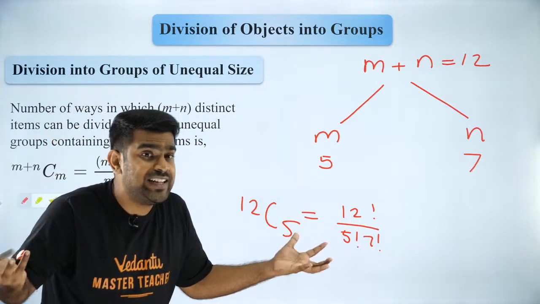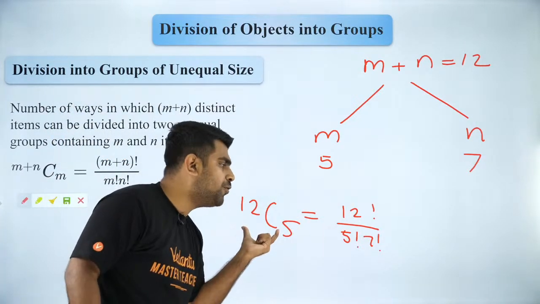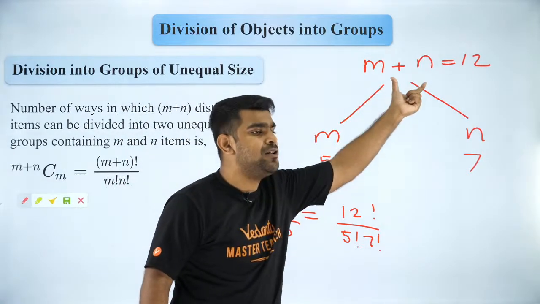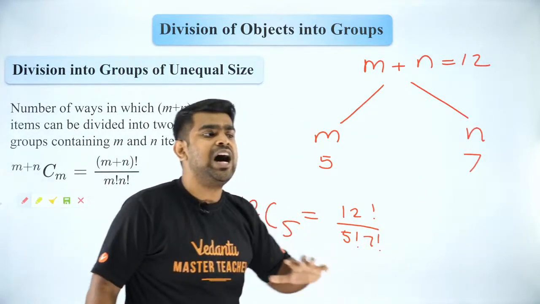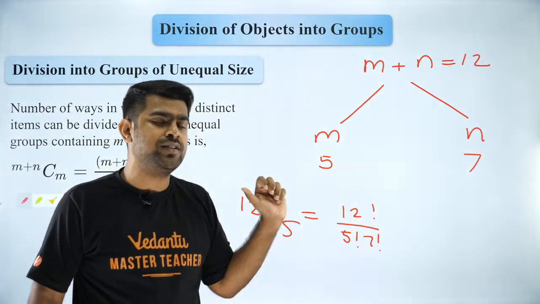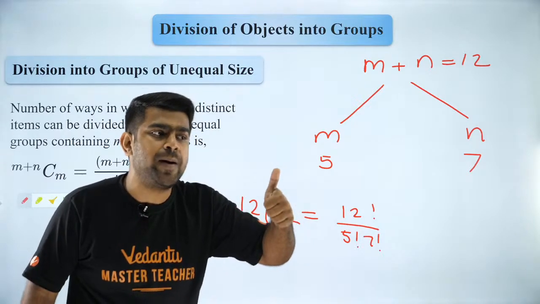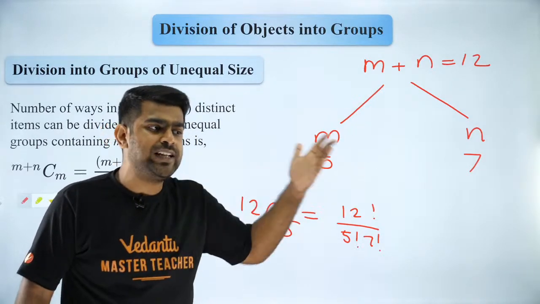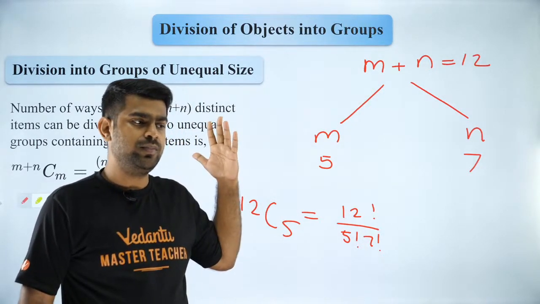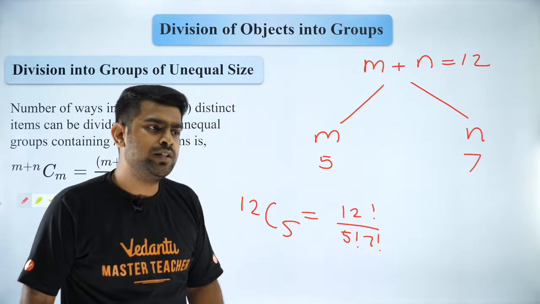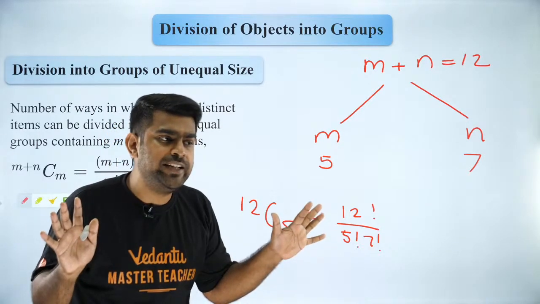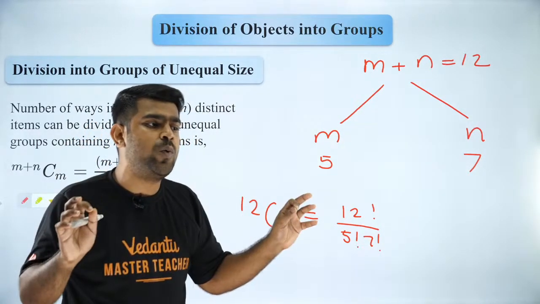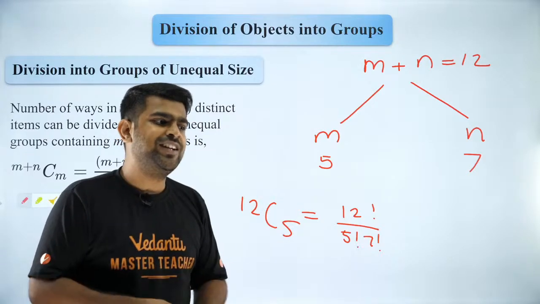So I have divided it. So this is the number of ways of dividing 12 into 5 and 7. Are you guys able to understand that? Can you all give me a thumbs up or a yes in the chat quickly, guys? Everybody? Is that clear to everybody?